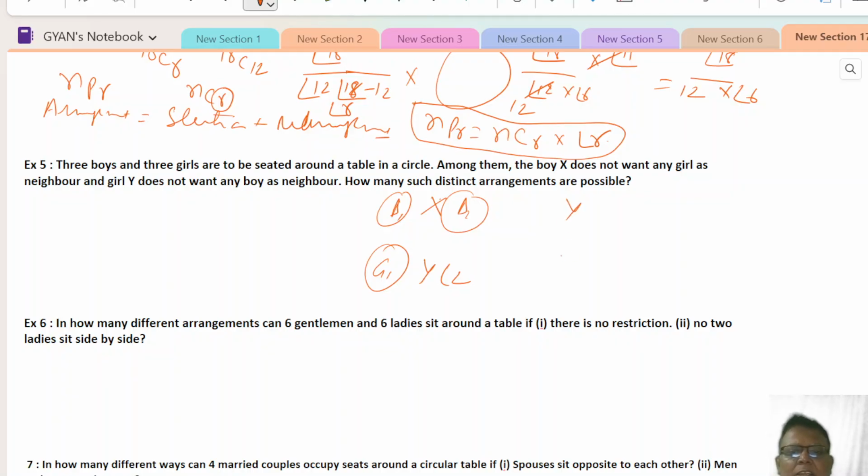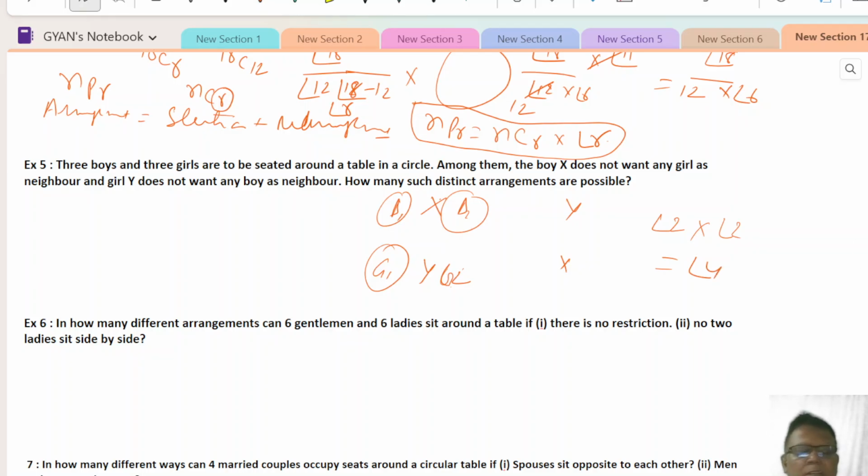Y or X both are same, so either this way or this way is called one way only. Once X and Y are fixed, then B1, B2 by factorial 2 method, and this is also factorial 2, G1, G2. So factorial 2 into factorial 2 is equal to factorial 4.